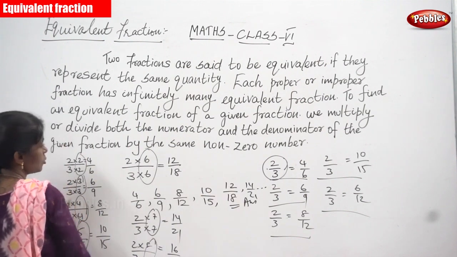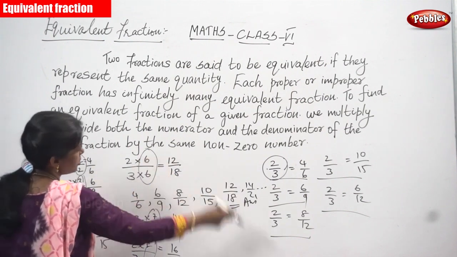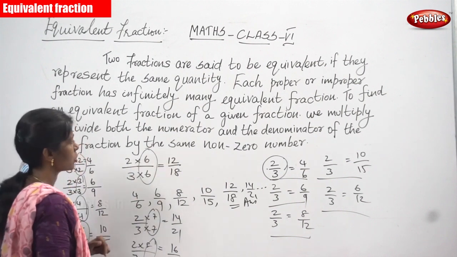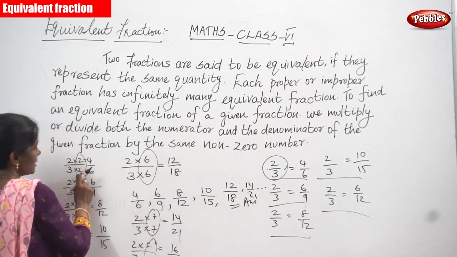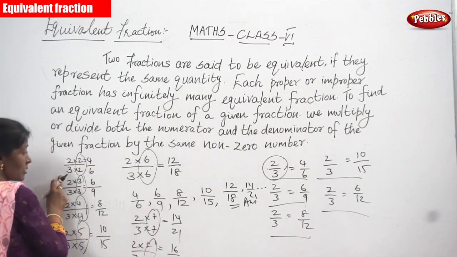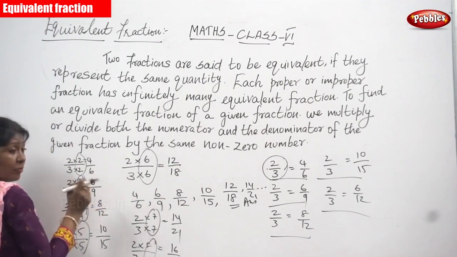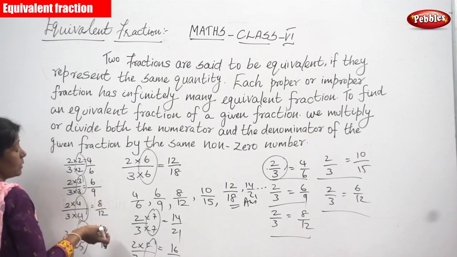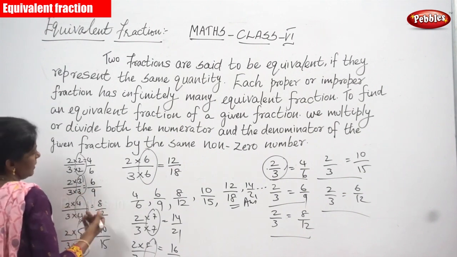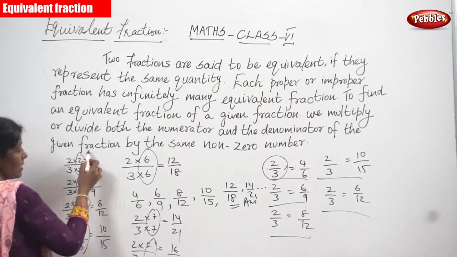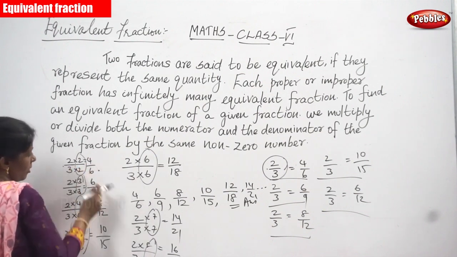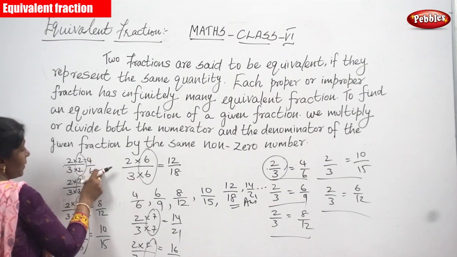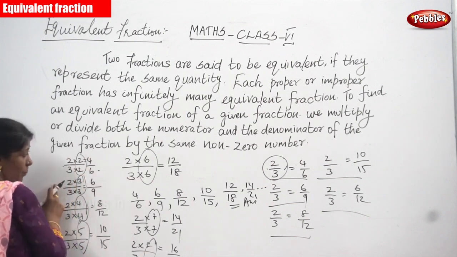The given fraction is 2 by 3, multiplied by the same non-zero number, because 2 is multiplied to both the numerator as well as the denominator. Even though you can divide, you can do the division method also, that is not a problem. So the answer is 4 by 6. 2 by 3 is equal to 4 by 6, and 4 by 6 divided by 2, you get 2 by 3 again.